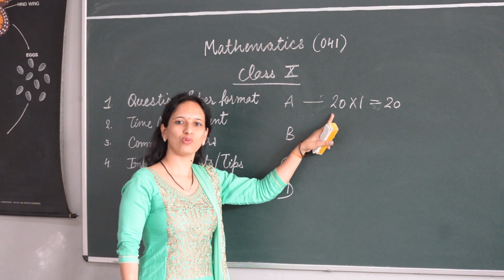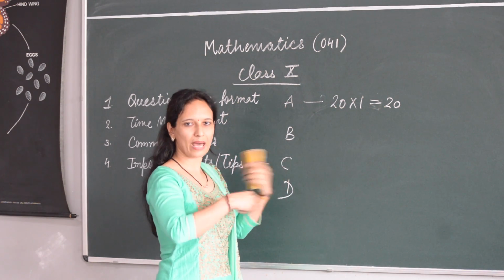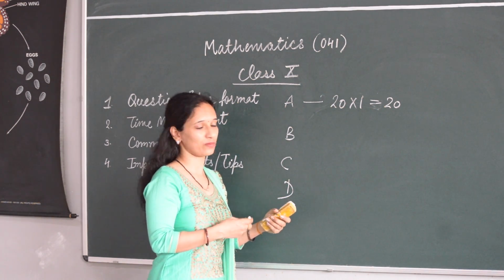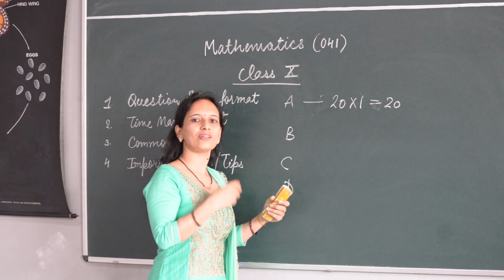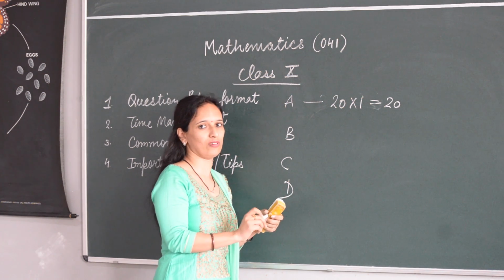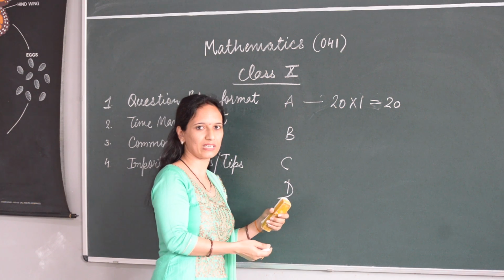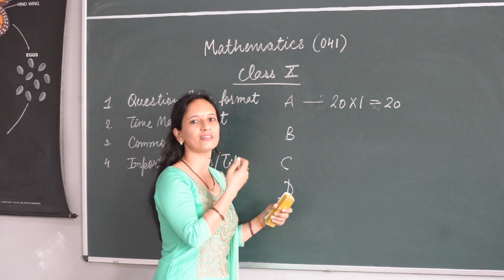They will not take more than 2 minutes per question, so you have to wrap up as quickly as possible. In MCQs, you will get 4 options which are close to each other, but you must read the question very carefully and properly to reach the right answer.